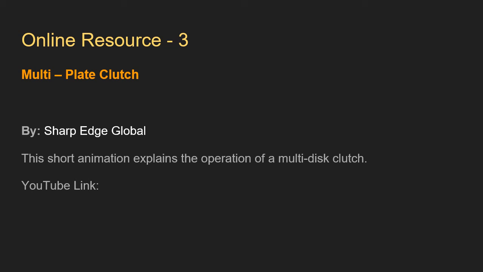I would want you to begin by viewing this video here. This is a video that is available on YouTube by Sharp Edge Global, which shows you the animation of how a multi-plate clutch functions. So please go through this video and then go through the remaining part of this presentation.